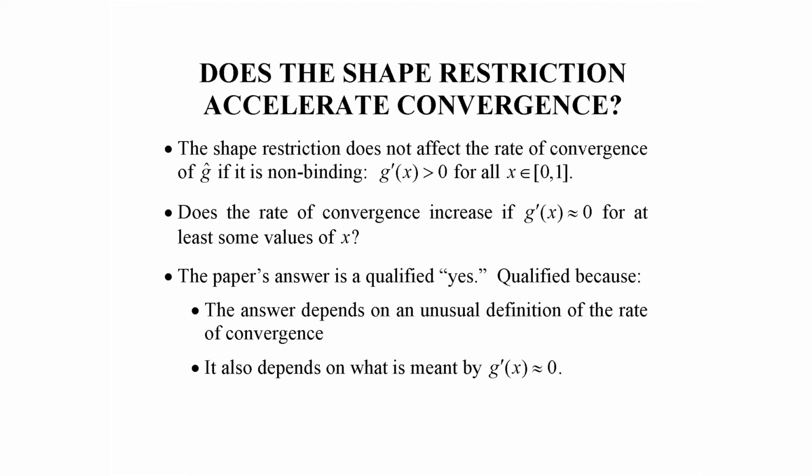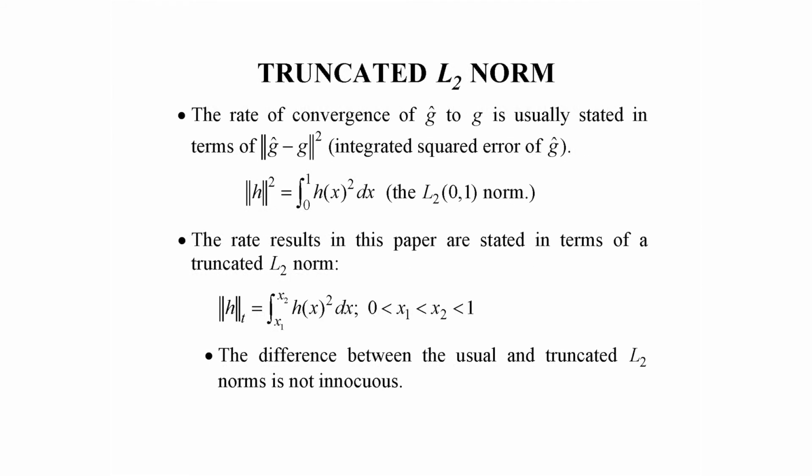So the first unusual feature is that the rate of convergence is usually stated in terms of the L2 rate, or the integrated mean squared error, which is this thing here. But the results in this paper are stated in terms of a truncated version of this norm.